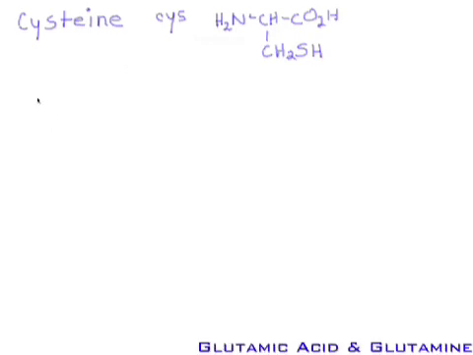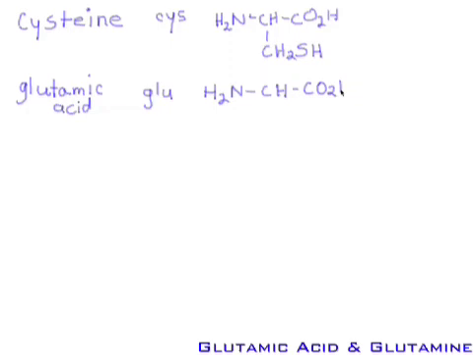We've got glutamic acid. Glutamic acid has the abbreviation GLU. And glutamic acid is very similar to aspartic acid. So memorizing it's not bad. You just have to keep straight the number of carbons.